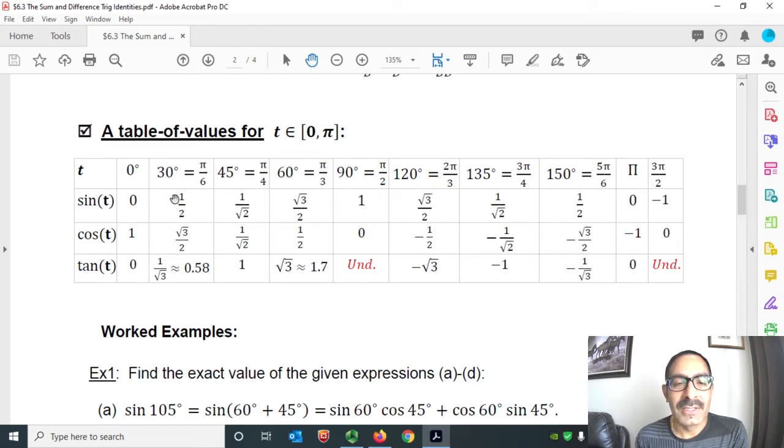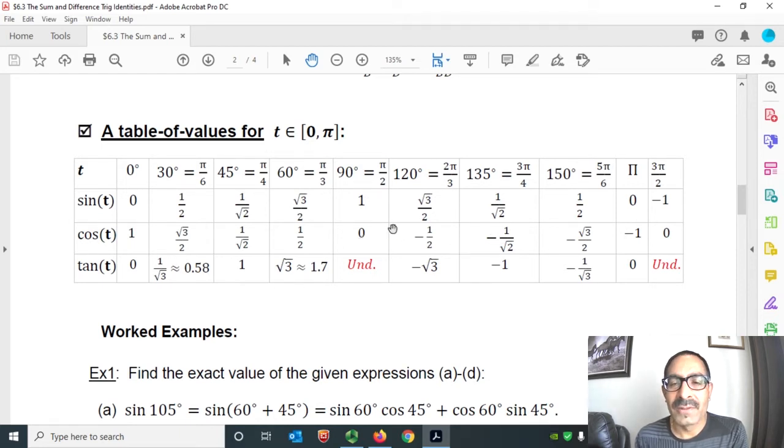Cosine 30 degrees is radical 3 over 2, sine 45 and cosine 45 turn out the same. Similarly, cosine 60 degrees turns out to be 1/2, and cosine 90 degrees turns out to be 0.